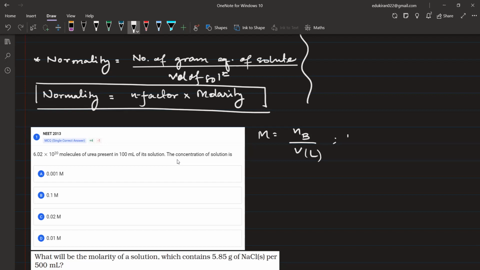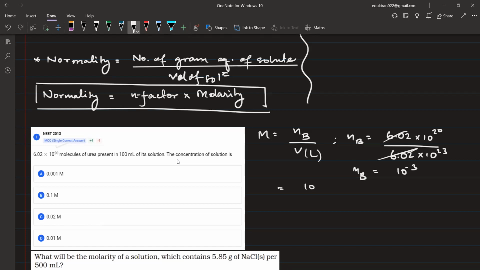Number of moles of solute is the given number of particles divided by Avogadro's constant, that is 6.02 into 10 to the power 23. This will cancel, and you will get number of moles of solute equal to 10 to the power minus 3.